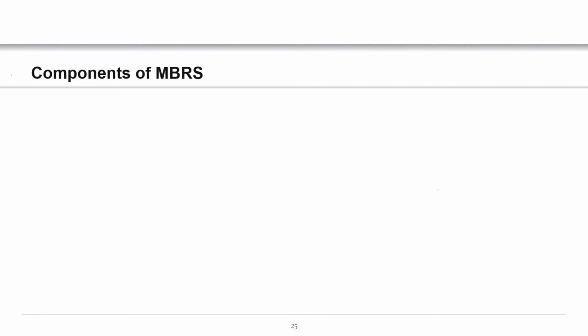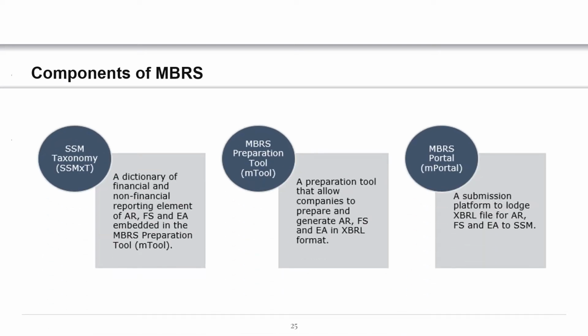So the first component of MBRS is the SSM taxonomy, and as we explained, the taxonomy under XBRL is the dictionary of financial and non-financial reporting elements of the three submission criteria, either the annual return, financial statement, or the exemption application, embedded in the MBRS preparation tool called MTool.